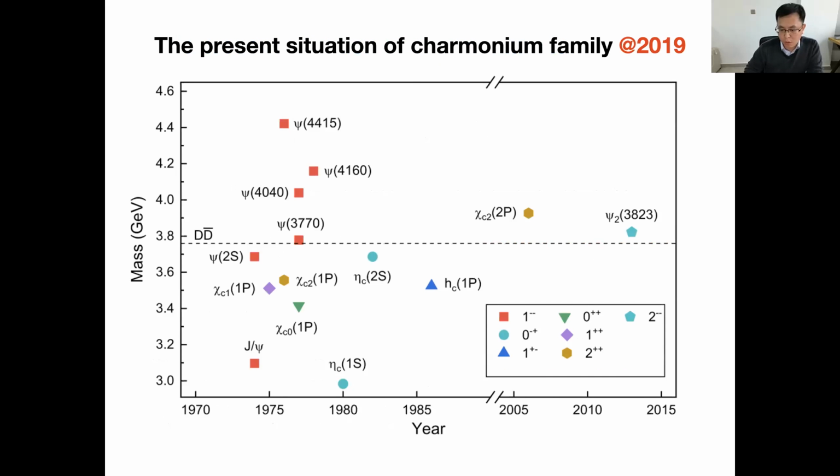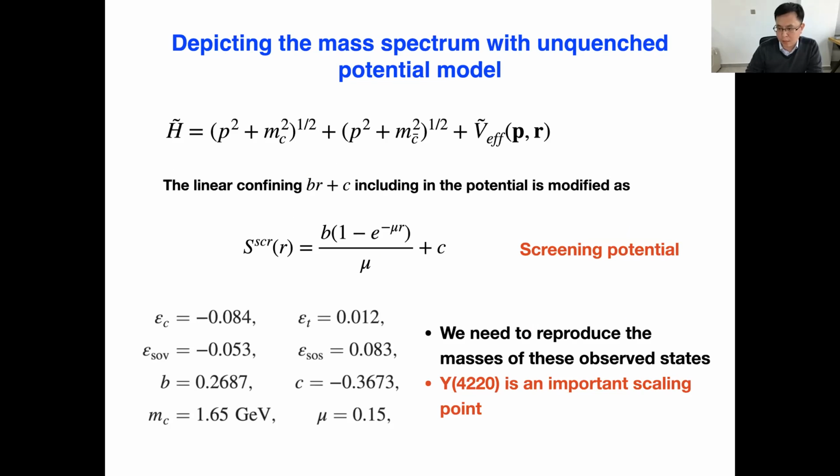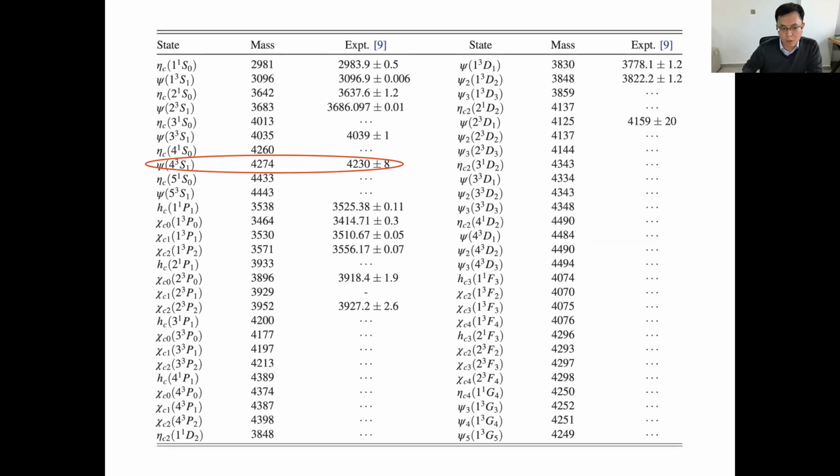I also want to emphasize that the Y state around 4.2 GeV is an important scaling point for constructing the J/psi family, especially for the charmonium above 4 GeV. You can notice that in our calculation, we can get the mass for the 4S state like this one.